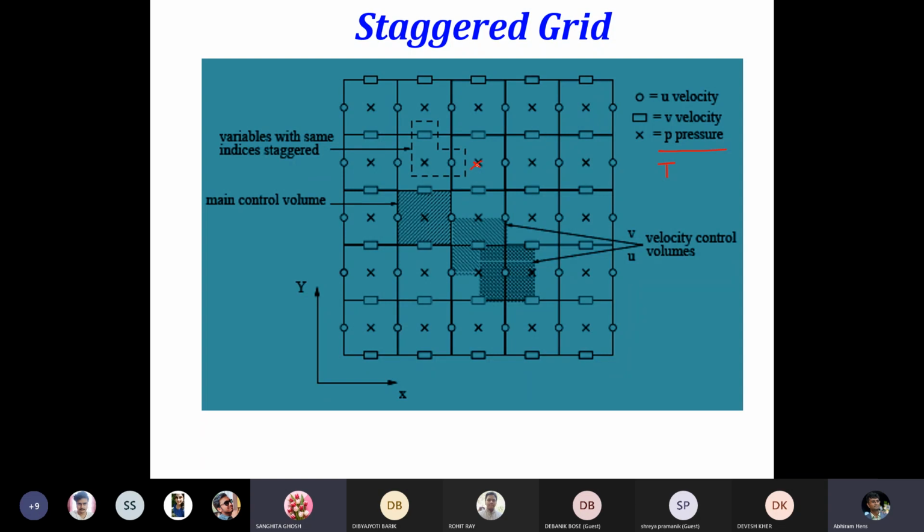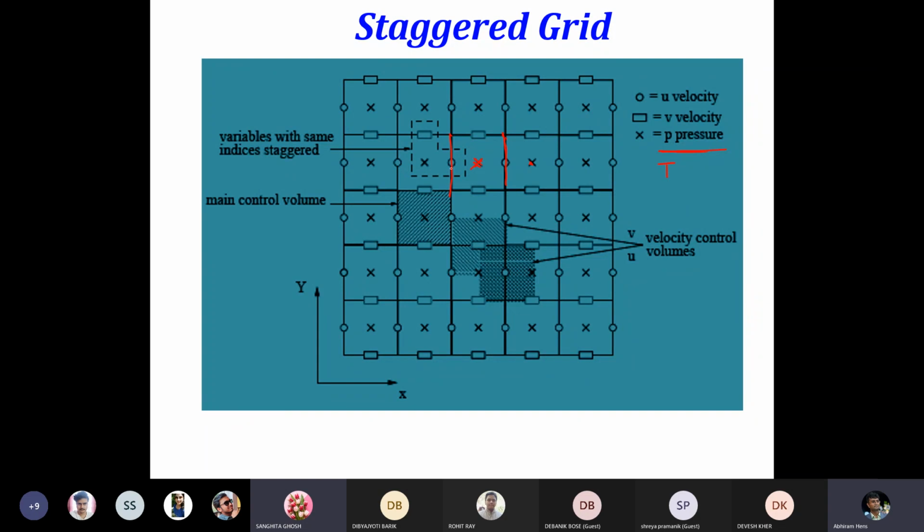So these are the cell centers and these are the faces, as we explained in the last class, how the control volume, control faces, etc. are declared. These lines are basically faces, and this is the cell center. So the cross mark indicates the storing position of the pressure.